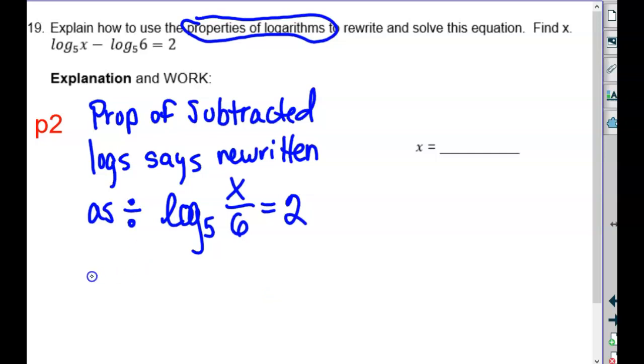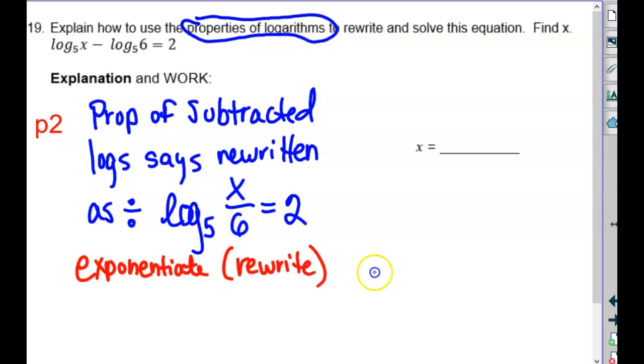Then you could use the word exponentiate or rewrite. It's not to anything. It's base, guys. Base 5 to what power?